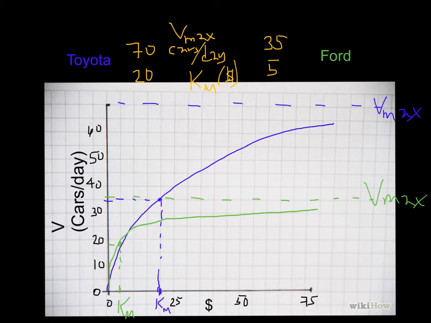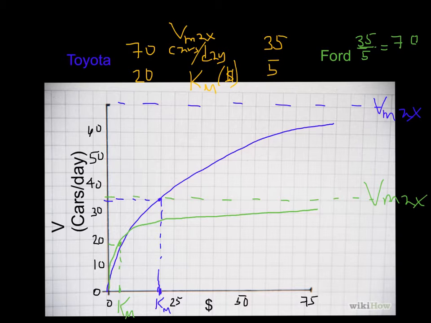So now, let's figure up the Vmax over Km, the catalytic efficiency. Let me go to their respective colors. So for Ford, the catalytic efficiency, the Vmax over Km, is 35 divided by 5, which is 7.